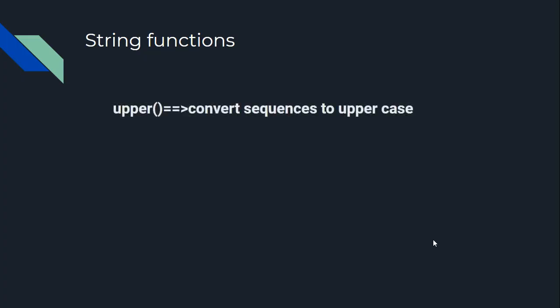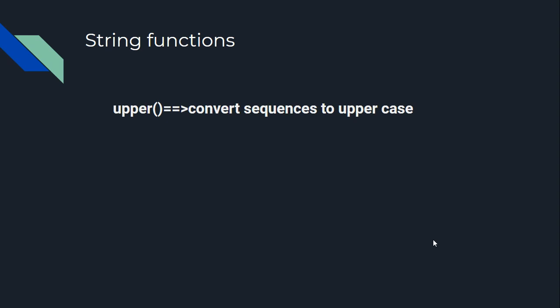Now we are going to have the introduction of string functions. What are the functions available for string? We will discuss what functions are later. For now, just try to understand that functions are predefined parts of code that are used to perform a specific task.